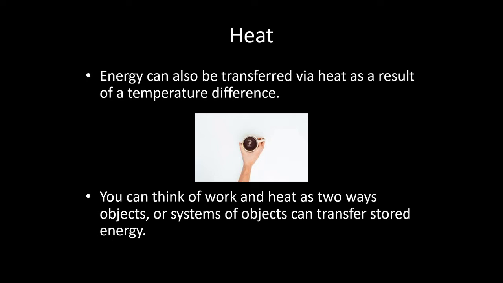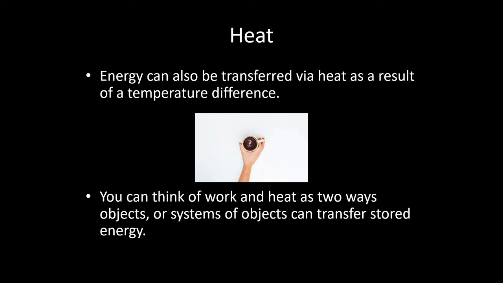So if we have two different things that are at different temperatures and they're in contact with one another, they're always going to be transferring energy from one to the other, specifically from the thing that's hot to the thing that's cold. So when we're thinking about energy moving in a chemical reaction or in a system of any kind, we can think of heat as one of the two ways that energy is transferred.